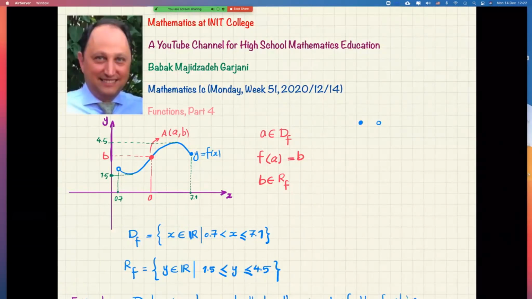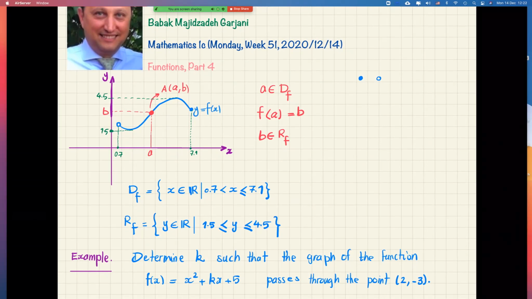So I need to go back because this is very important. Some people find it hard to understand, but that's not hard, is it? If you don't understand, let me repeat this again. If you have a point on the graph, the coordinates of the point will satisfy the equation of the graph. What does it mean? It means that if you take x and replace it with the x coordinate a, you get f of a.